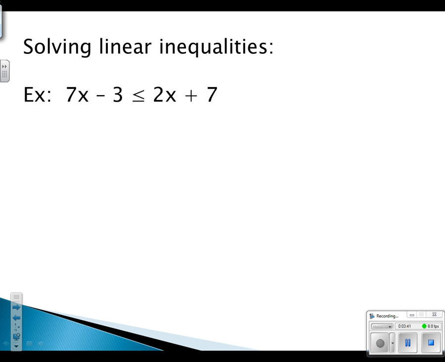All right, so here's an example of an inequality that would need to be solved. You go through the same process essentially as solving equations. You're going to group up your variables on one side, constants to the other side, and finish solving just like always. Just be watchful for if you end up having to multiply or divide by a negative. All right, so I'm going to move the x's to the left.